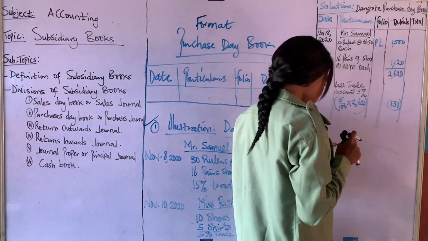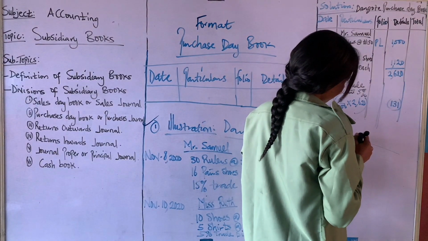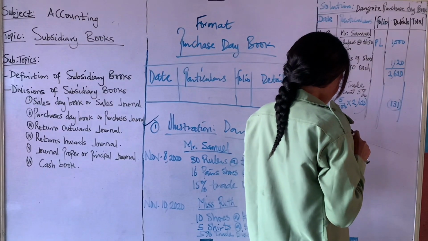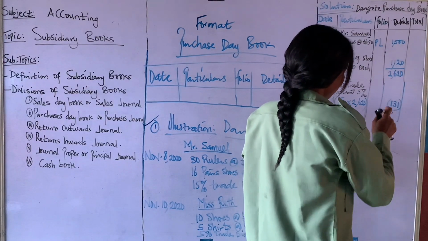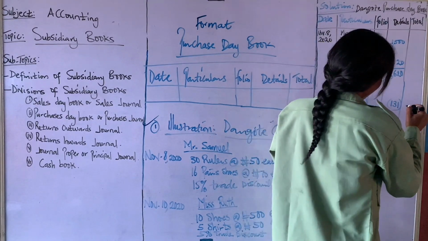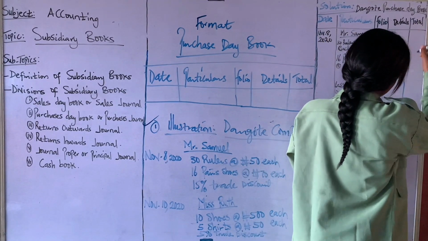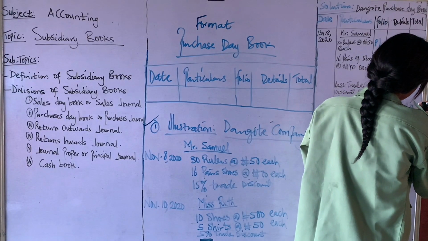So we are going to less it from the list price of that product, which is 2,620 naira. So minus this from this, you are left with 2,489.